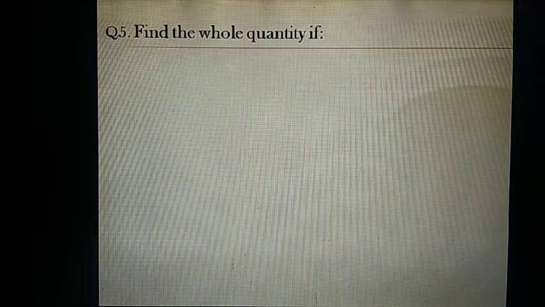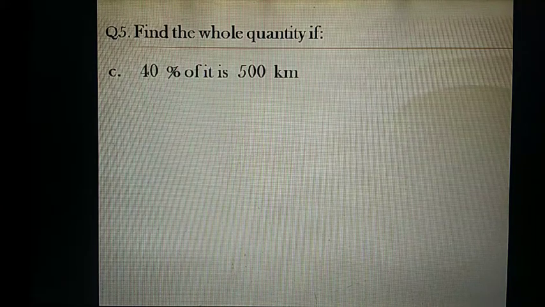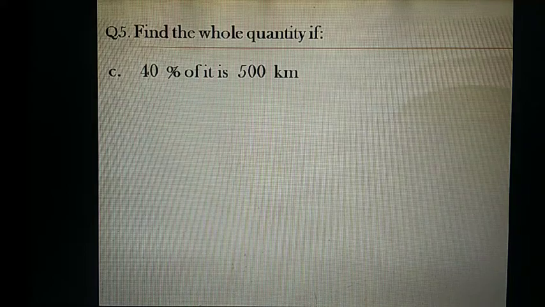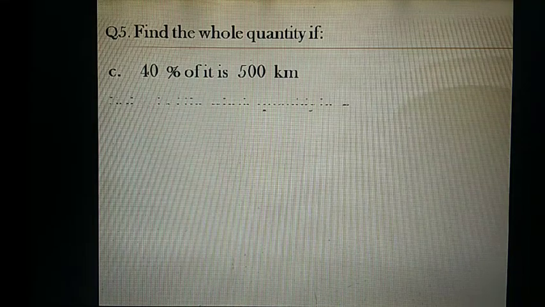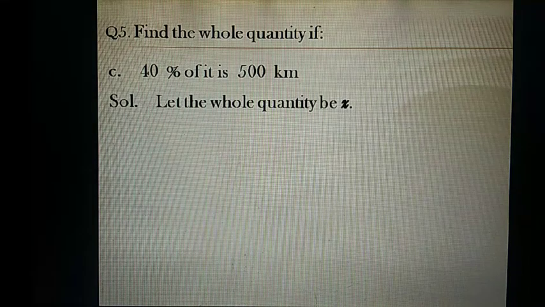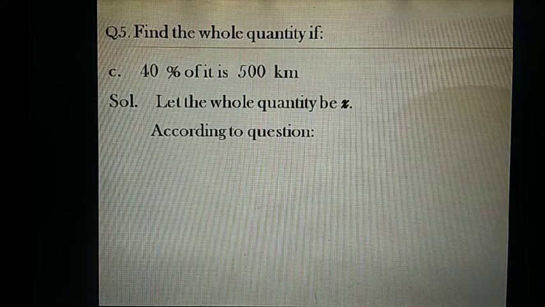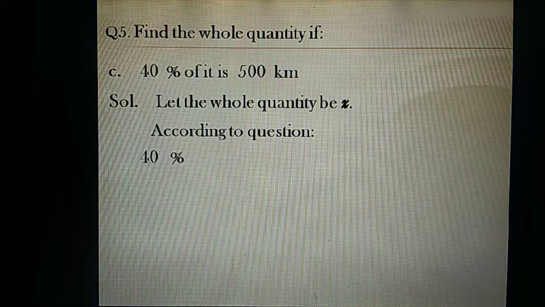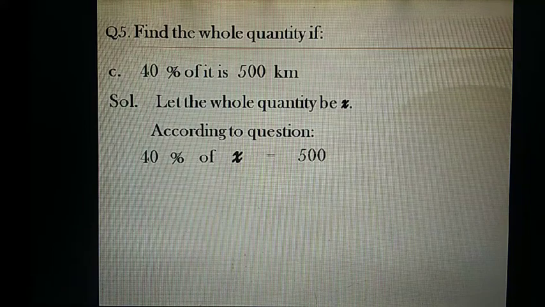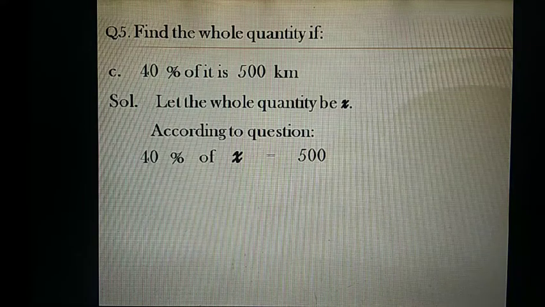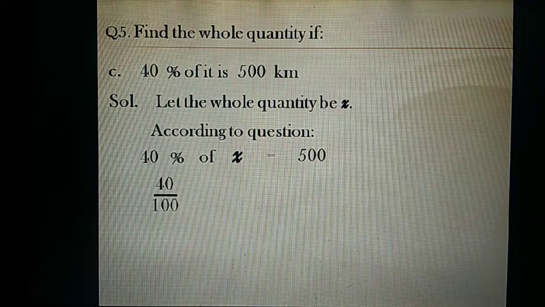Find the whole quantity if 40% of it is 500 kilometer. Again, assume whole quantity as x. Then according to the question, 40% of x is 500. Now 40% means 40 upon 100.